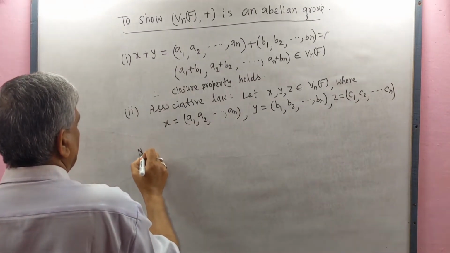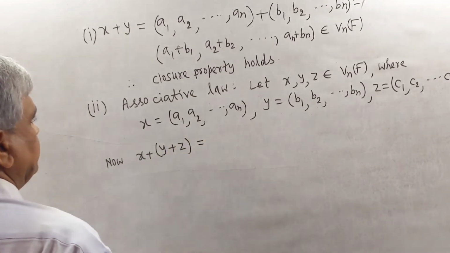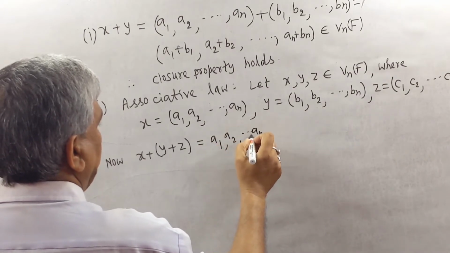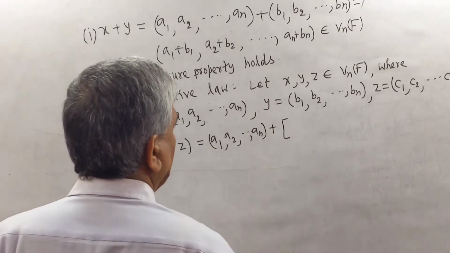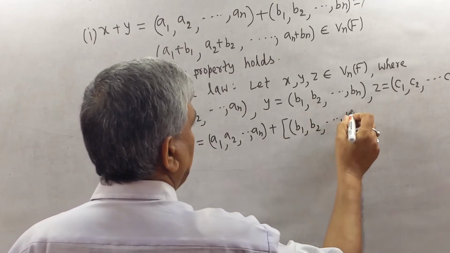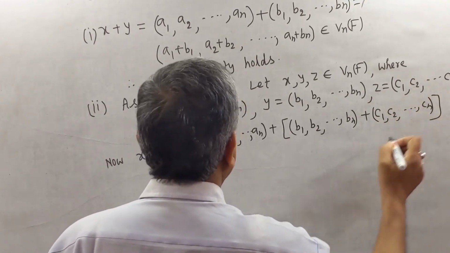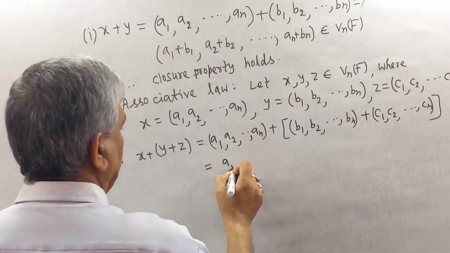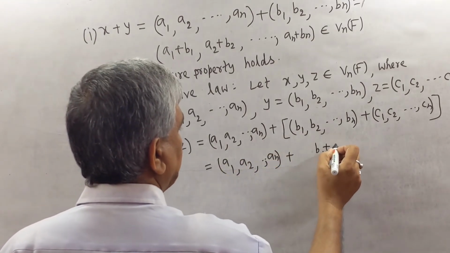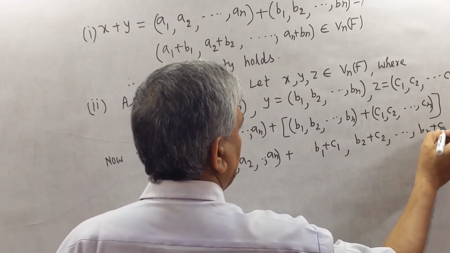Now x plus y plus z equal to (a1, a2, ..., an) plus (b1, b2, ..., bn) plus (c1, c2, ..., cn) equal to (a1, a2, ..., an) plus (b1 plus c1, b2 plus c2, ..., bn plus cn).